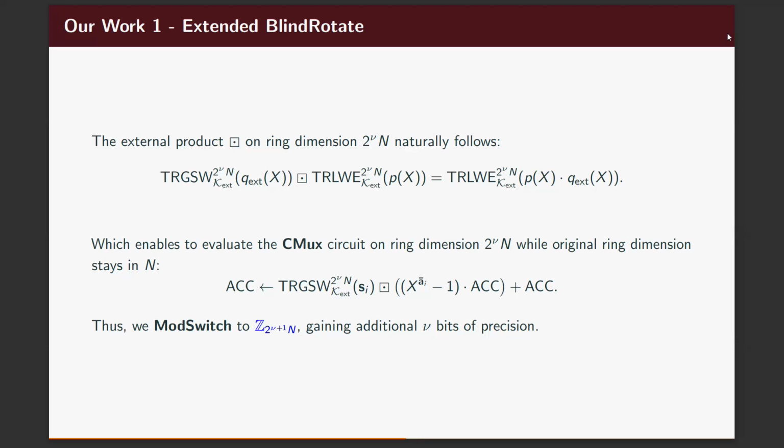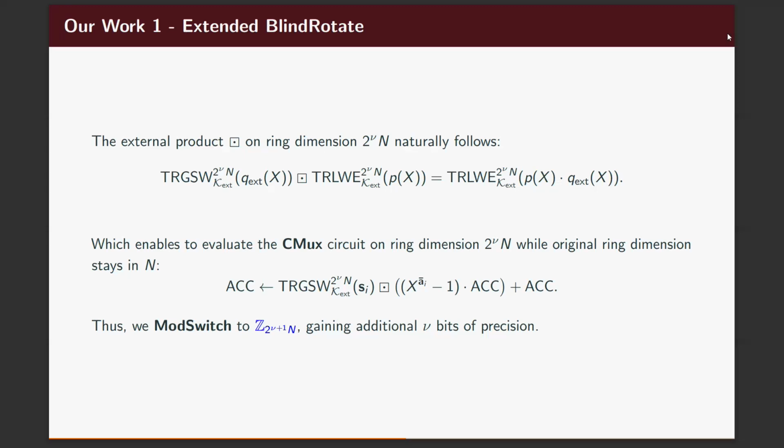So we can evaluate the CMUX circuit still on this larger ring dimension while we set the parameter as n. So in this case, we can modulus switch to a larger dimension 2 to the power of nu plus 1 times n, thereby gaining an additional nu bits of precision during the modulus switch.